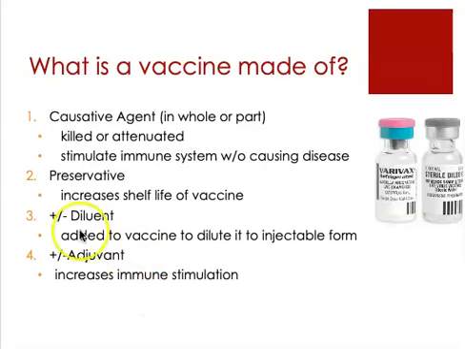Last on our list is an adjuvant, and you may or may not have heard this word before. An adjuvant is a material that you can add into a vaccine, again, not all vaccines, but certain vaccines, when you want to increase the stimulatory effect of the vaccine. There are some vaccines that contain antigens that just aren't that good. Remember, we said that different materials have different amounts of antigenic stimulation.